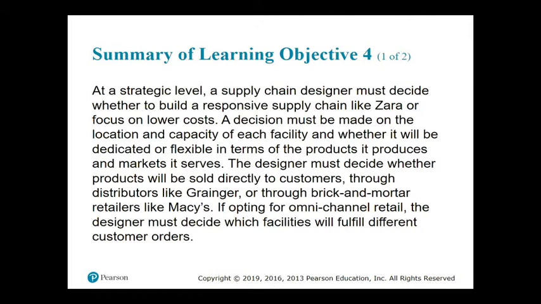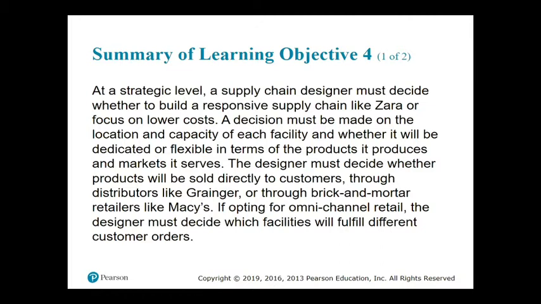So, in summary, we talked about supply chain strategy. For example, how responsive do you want your supply chain to be? And we talked about facility location decisions. And we talked about capacity planning.